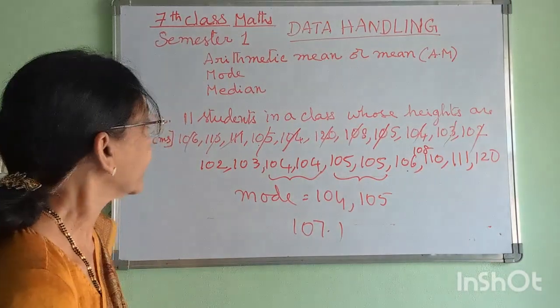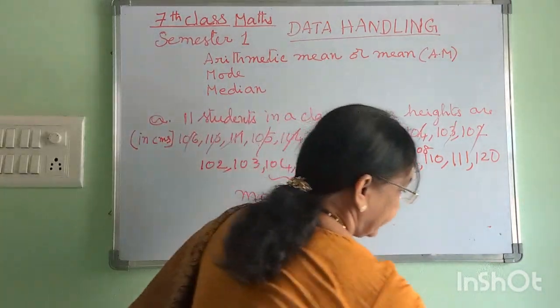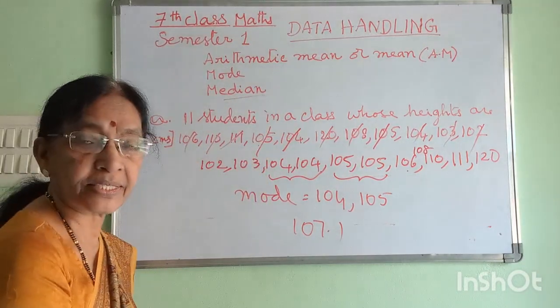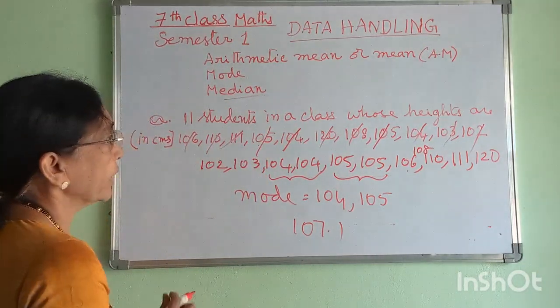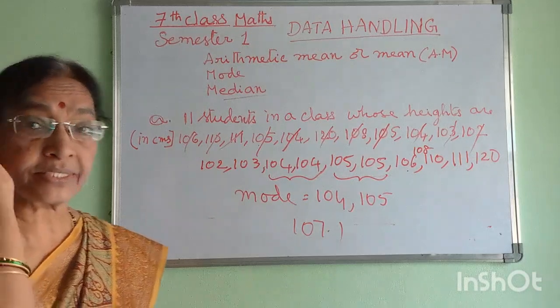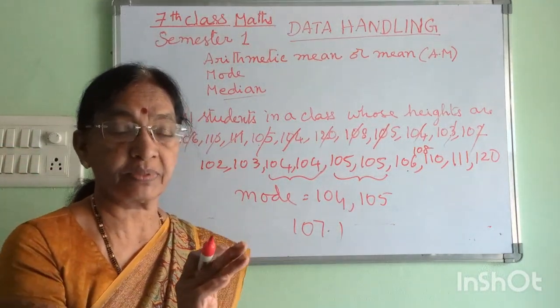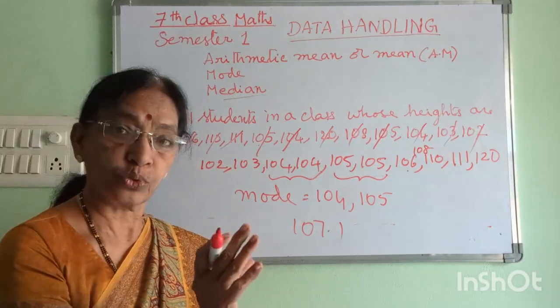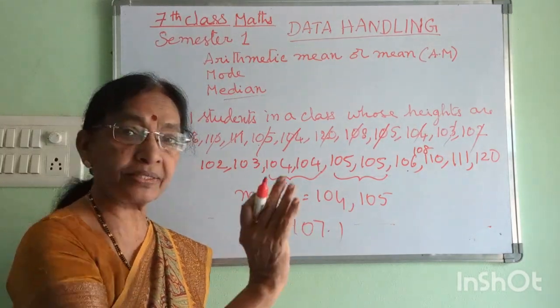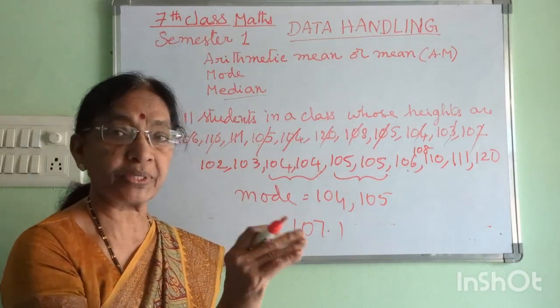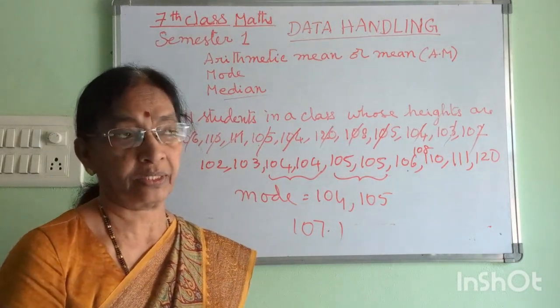Next, median. It also represents the central tendency, but it divides the observations into two parts, two groups. One group is less than that particular value, and the other group is greater than that particular value.